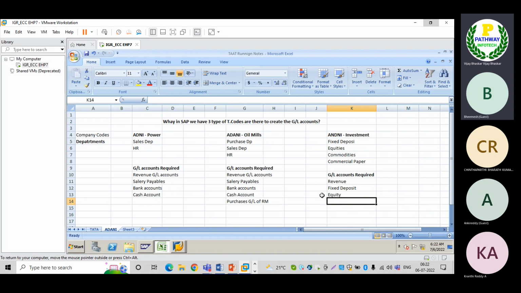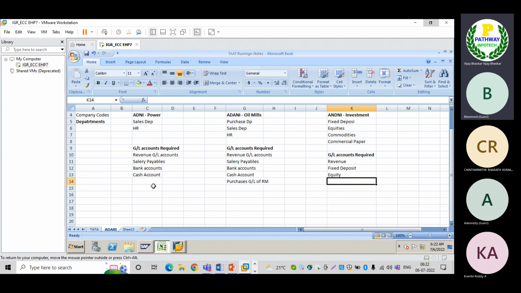Now the question is why SAP has given three types of accounts. Let us assume for this legal entity I only require particular GL accounts, maybe revenue, salary payables, bank accounts, and a cash account, covering all transactions. Maybe I require 100 GL accounts to perform all these activities.